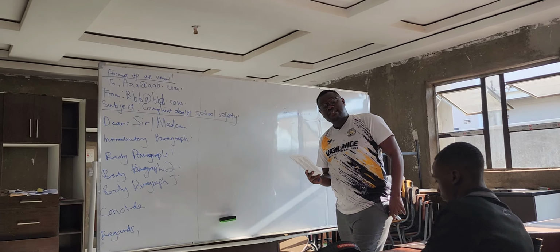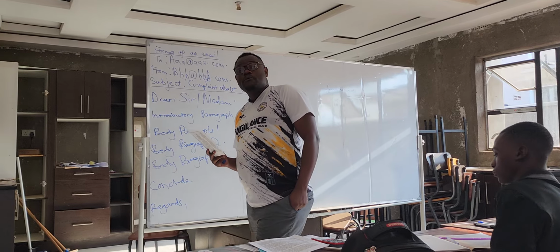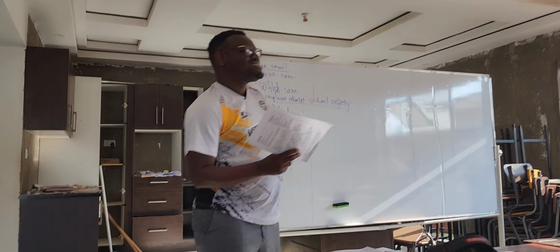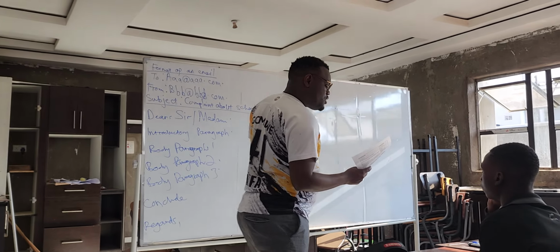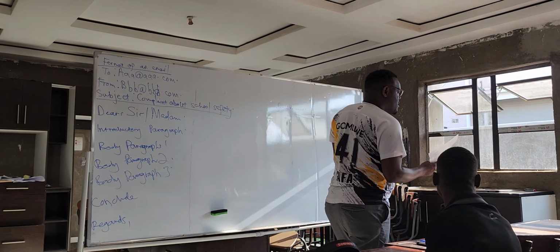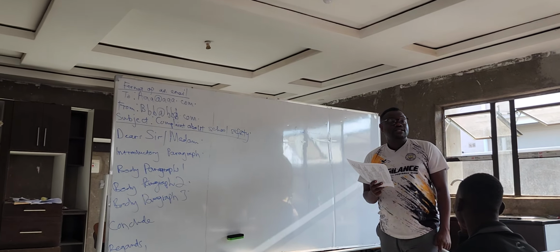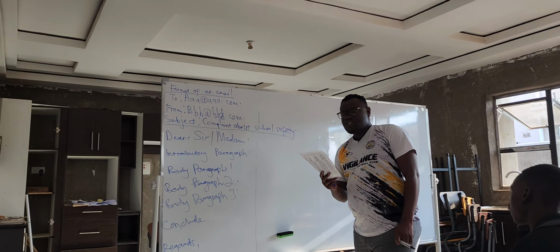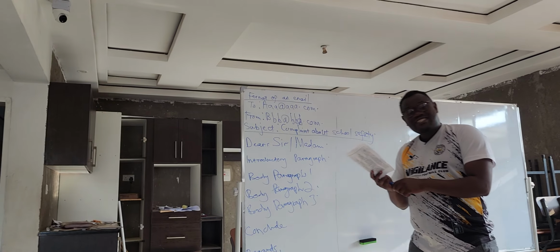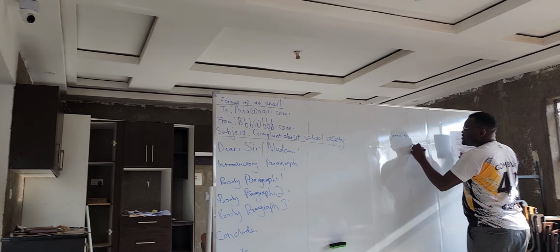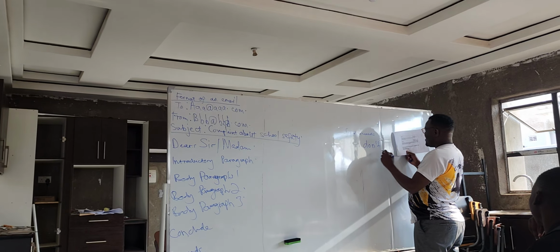Since this is a formal address, do not use slang, do not use shorthand, and do not use a friendly tone, as formal letters are always written to higher authority. And don't use abbreviations. Don't use contractions, like don't or shouldn't.